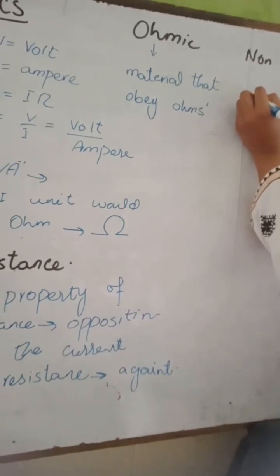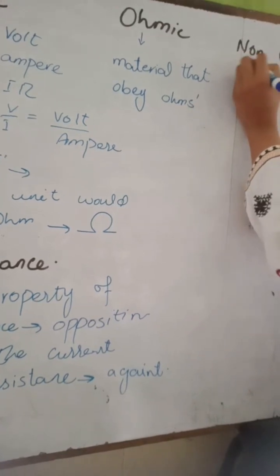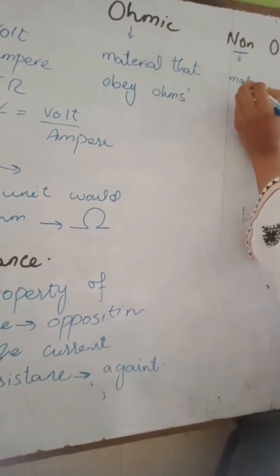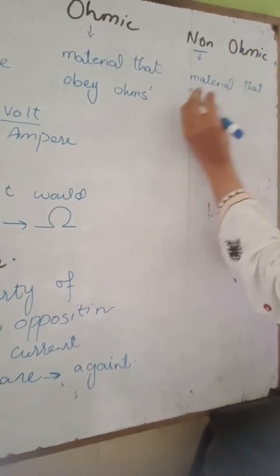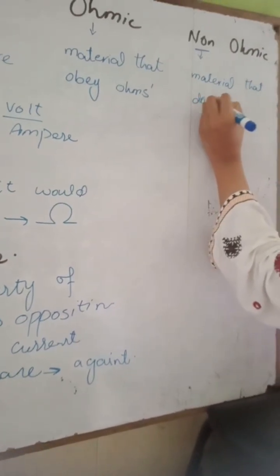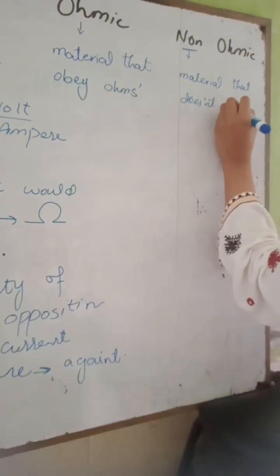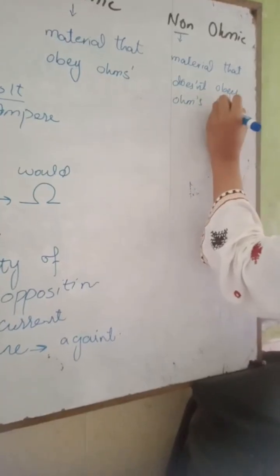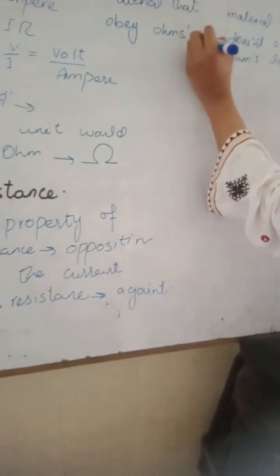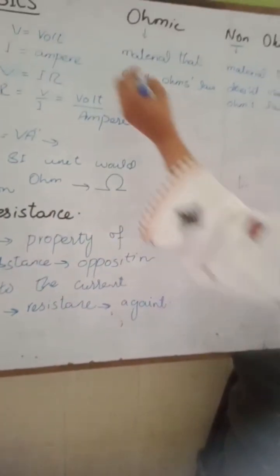Non-ohmic represents materials that do not obey Ohm's law. First difference.